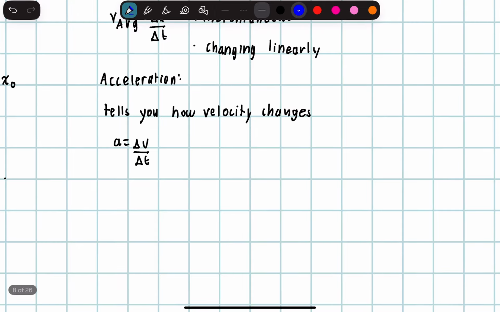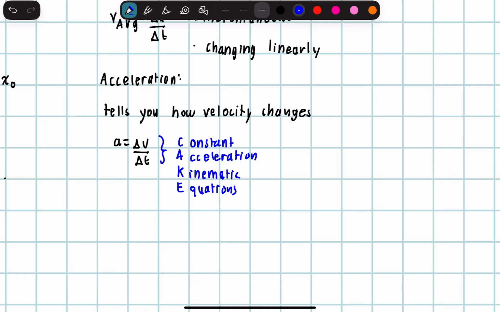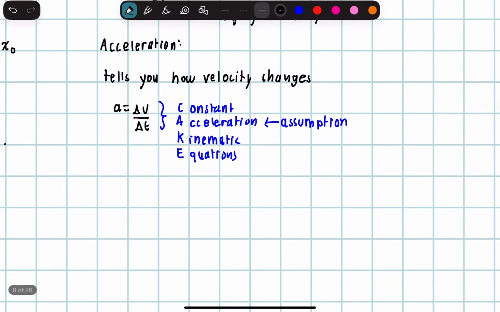And in kinematics, the acronym CAKE represents constant acceleration kinematic equations. So essentially what we'll see is that all of the kinematic equations have the assumption that acceleration will be constant. And this is required for the kinematic equations to work.